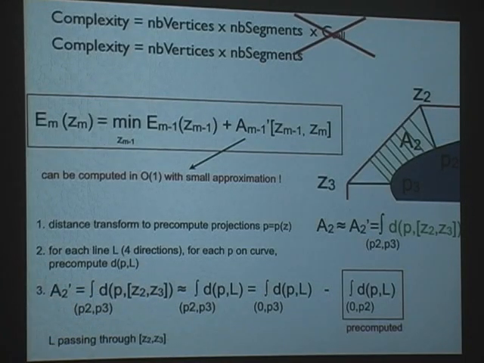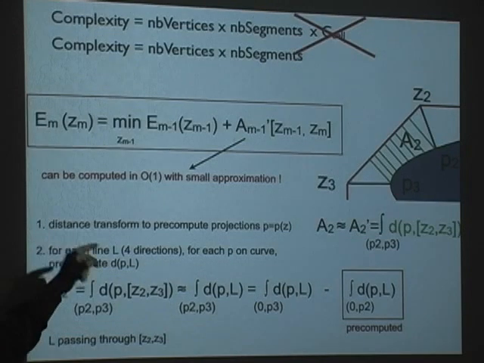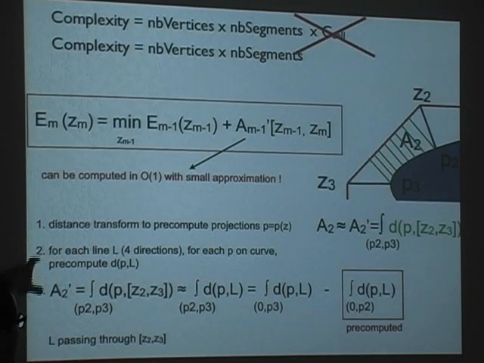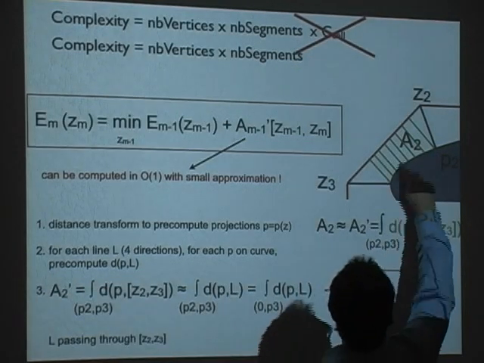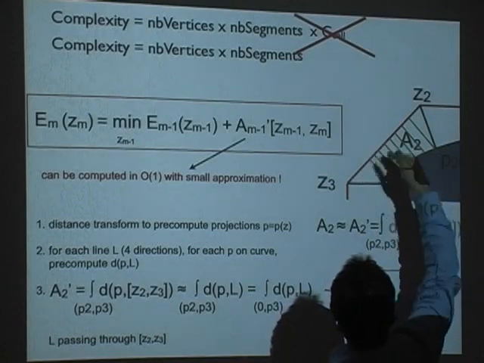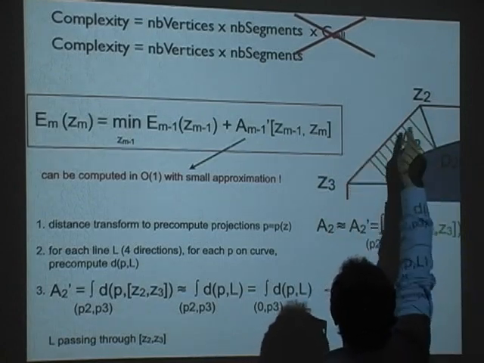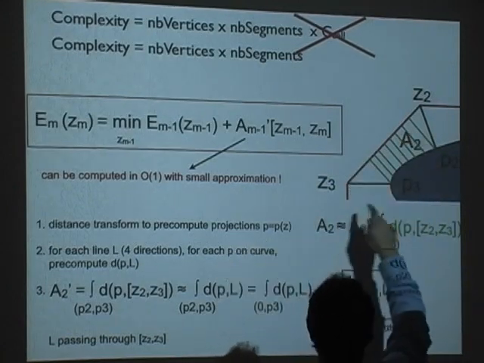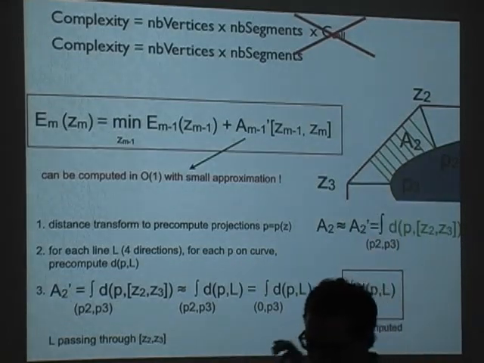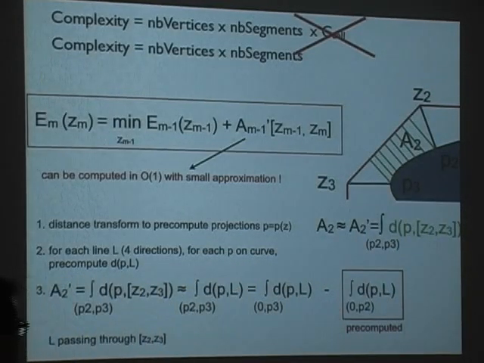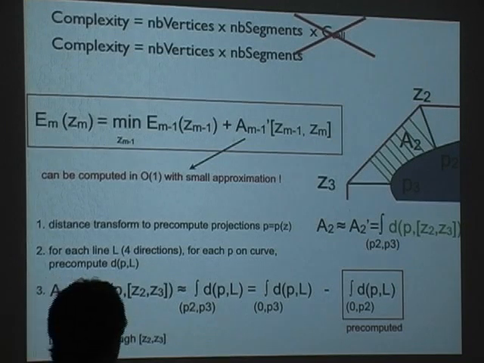That's using a simple distance transform to compute projections of any vertex. Second, we're going to approximate the sum of the distances to the segment by the distances of the points to the line as opposed to the segments. So this is, in most cases, a good approximation.